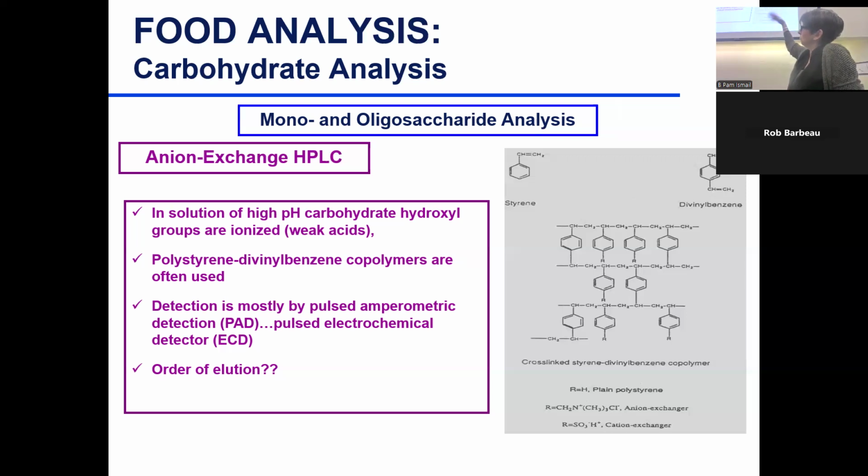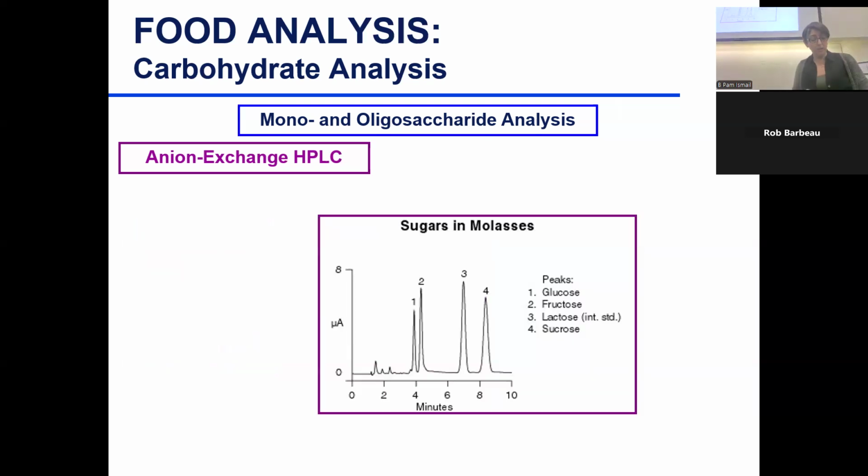And because it's charged, you can use these two detectors we talked about in HPLC, pulse amperometric detector or electrochemical detector. So order of elution: glucose, fructose, lactose, sucrose, depending on their structure and the interaction with the negative charges that you have.